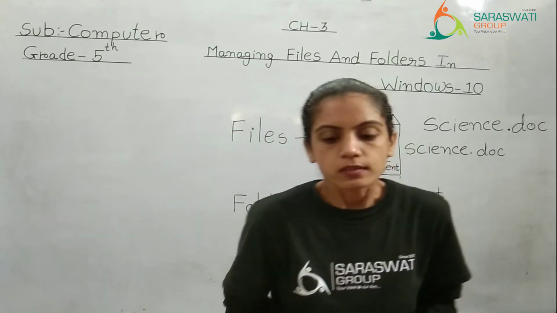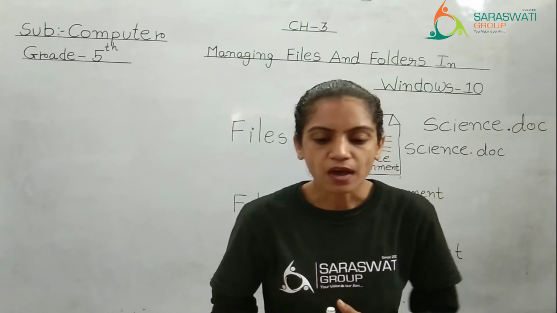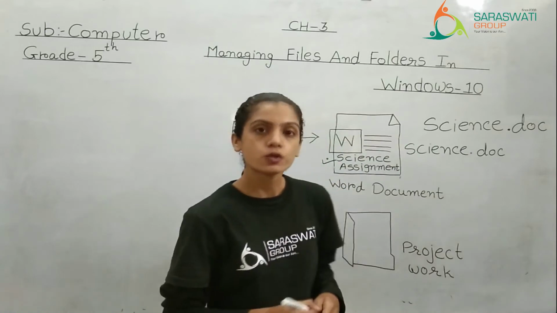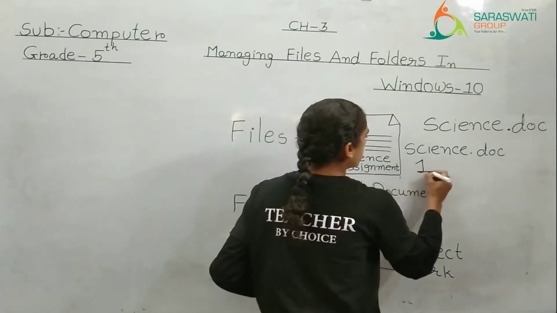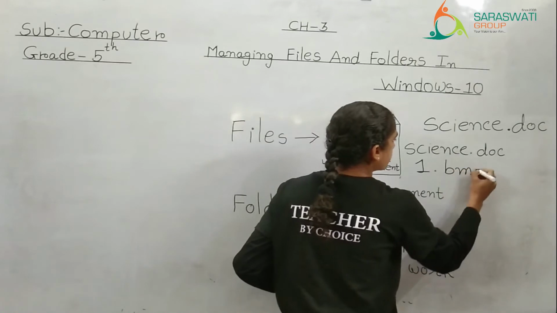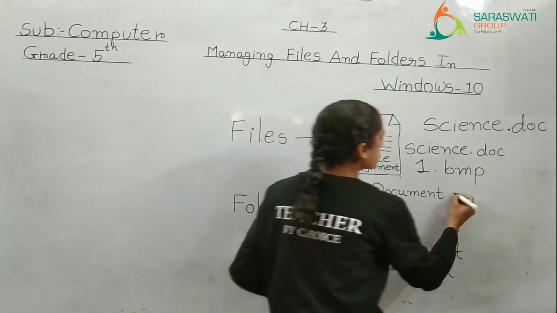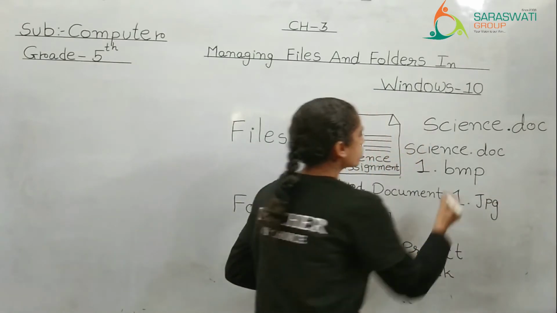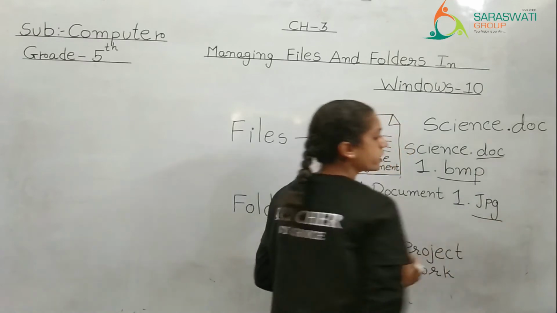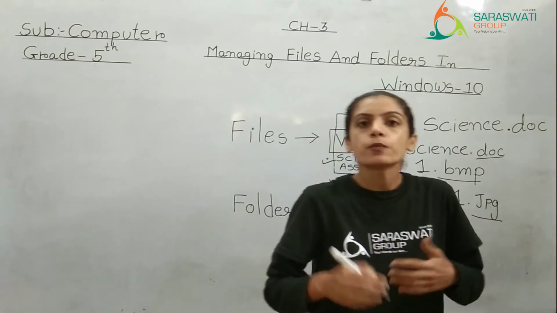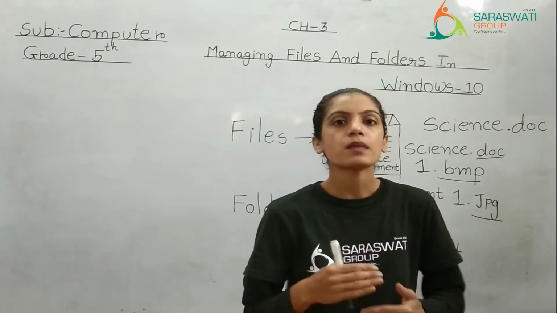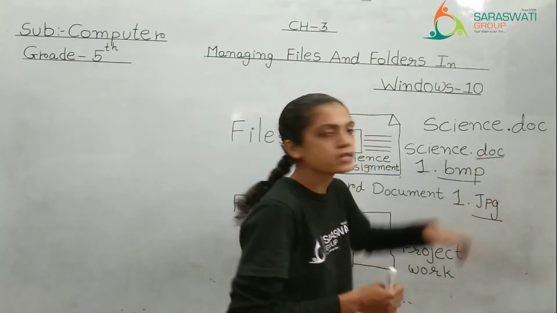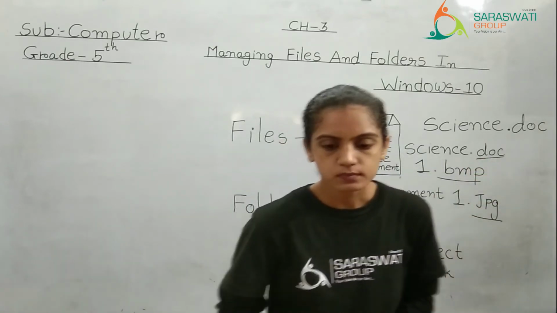Okay. The extension gets added to the file name whenever we save a file. If you are saving your drawing, right? So 1.bmp or you can say 1.jpg. So these are what? These are the extensions of the file. According to the program which you are using for making your data, the extension will be there. Okay?